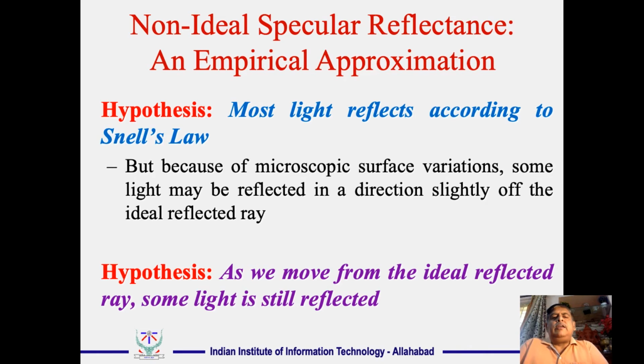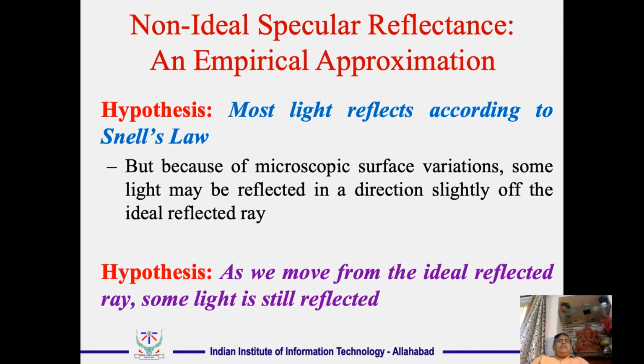Hypothesis: most light reflects according to Snell's law. But because of microscopic surface variation, some light may be reflected in a direction slightly off the ideal reflected ray.